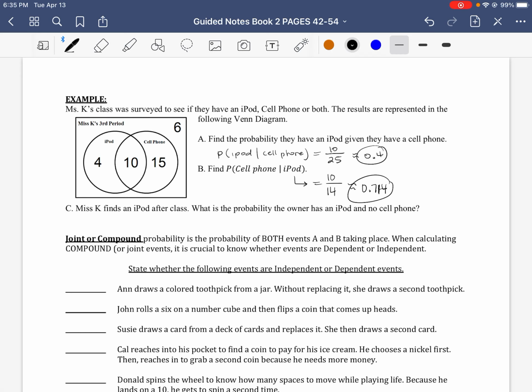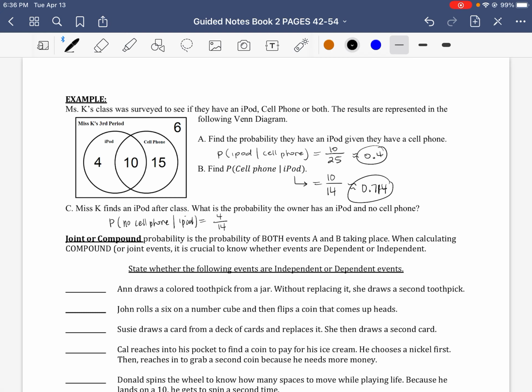All right, lastly, Miss K finds an iPod after class. What's the probability the owner has an iPod and no cell phone? So if we're thinking about this one, what's the probability they have an iPod, but no cell phone? So we don't know, but it's given that they are going to have an iPod. If they have an iPod, again, we're in that same circle, and no cell phone would be these 4 out here.